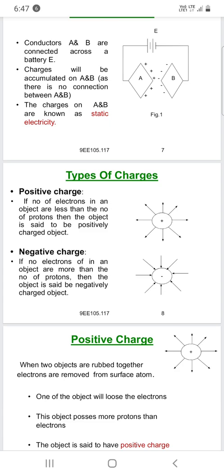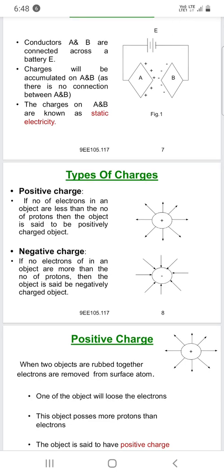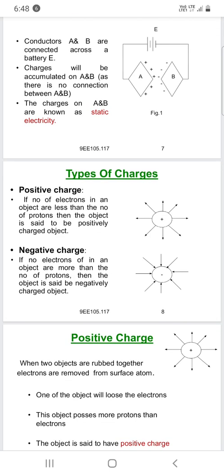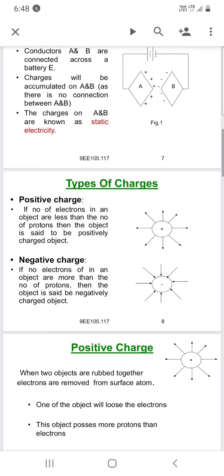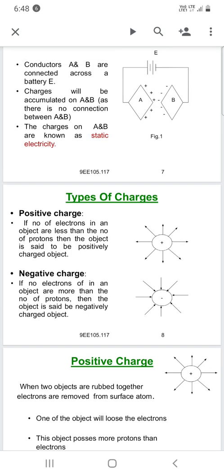Conductors A and B are connected across a battery voltage. In the battery, charges are transferred to conductors A and B. The negative polarity of the battery is connected to conductor B, so the negative charge is transferred from the battery to conductor B. The positive terminal of the battery is connected with conductor A, so the positive charge is transferred.